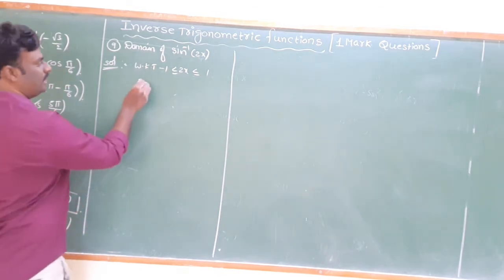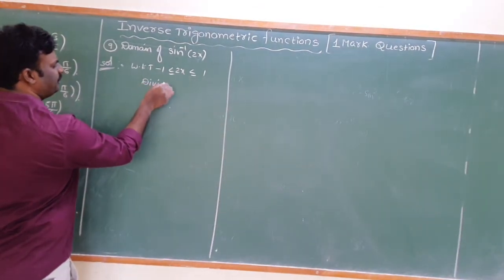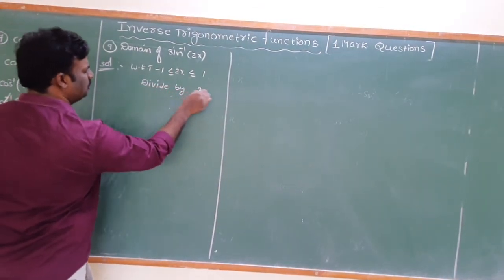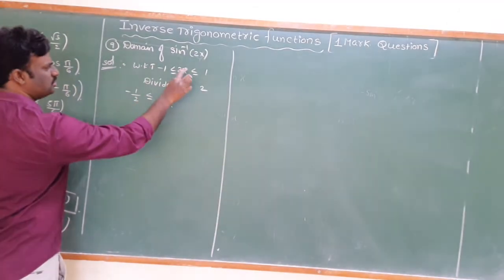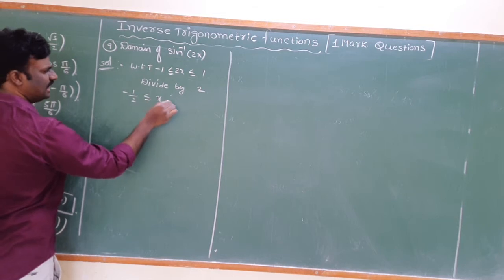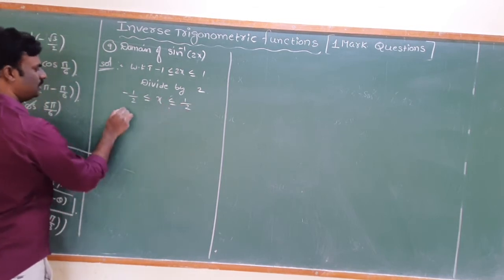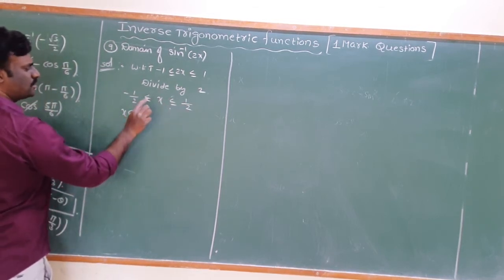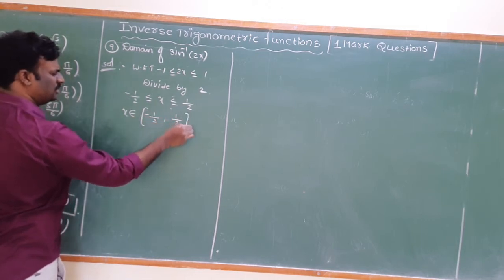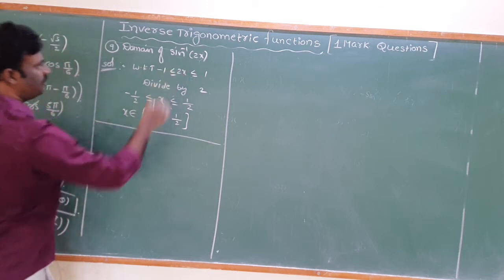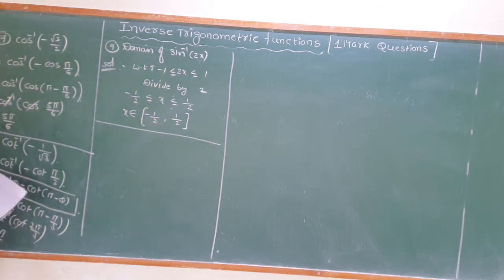Divide by 2: minus 1 by 2 is less than or equal to 2x by 2, the 2 cancels, so x is less than or equal to 1 by 2. Therefore, the domain is a closed bracket, because equal to is given, minus 1 by 2 to 1 by 2. This is the domain of sine inverse of 2x.